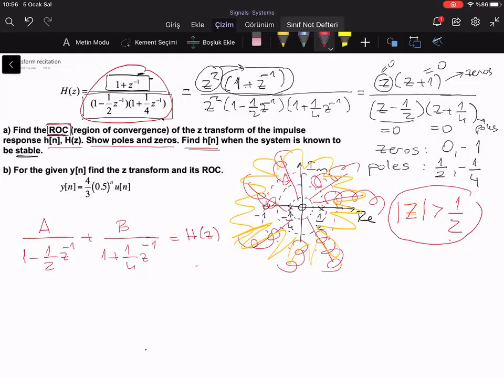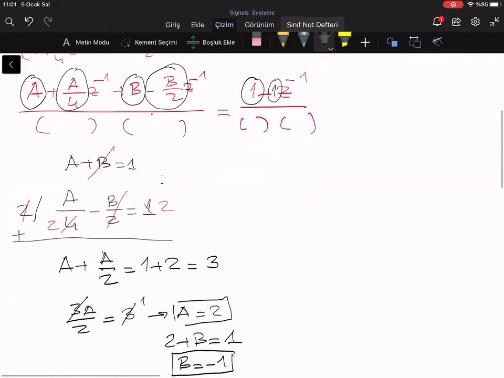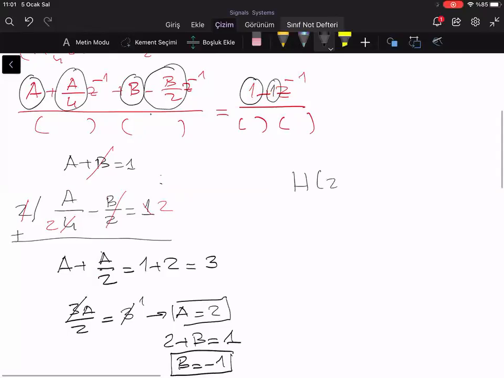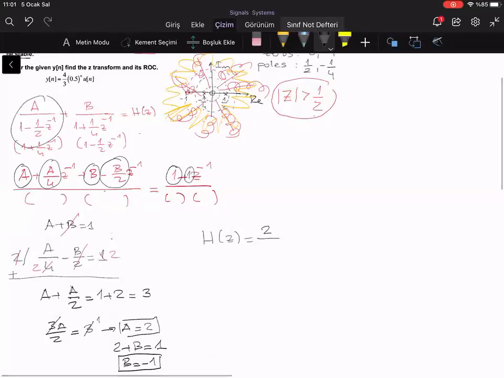Ahmet, think about this once more, please, in that part of the solution. So we found A is equal to 2, B is equal to minus 1. So finally, I have H of z being equal to 2 over 1 minus 1 over 2 z to the power minus 1, minus 1 over 1 plus 1 over 4 z to the power minus 1.